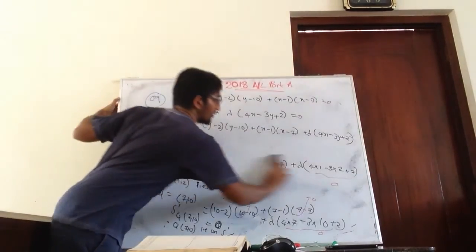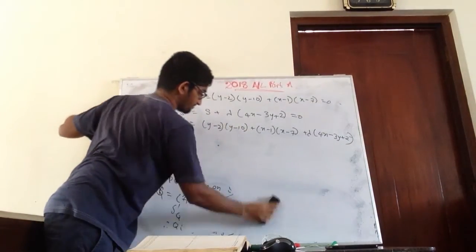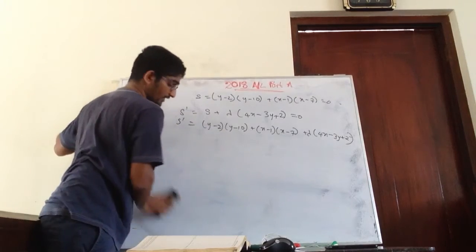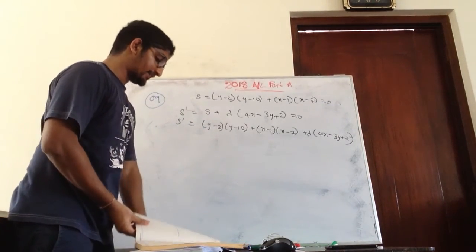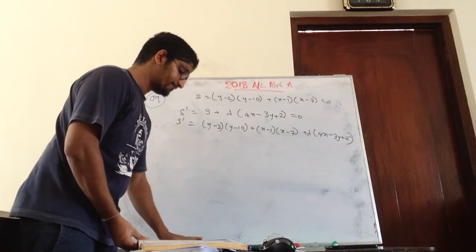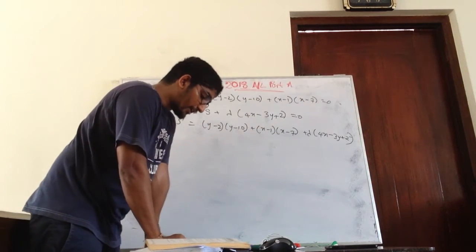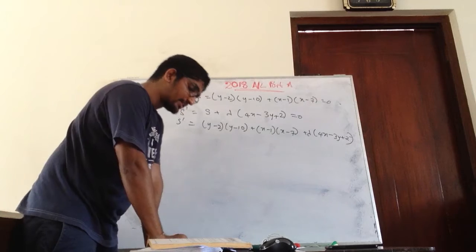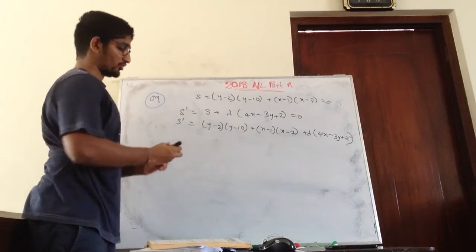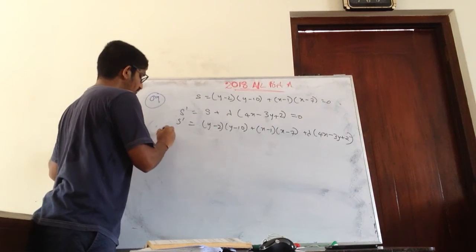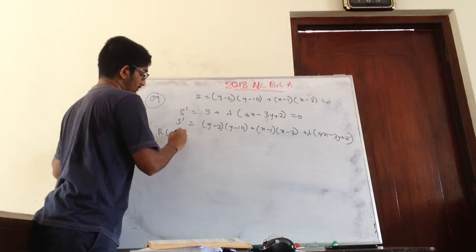Right. So I come up to here. Then what are they asking next? Then they are telling, find the value of lambda such that the circle passes through the point R(1, 4). So R is (1, 4), right?